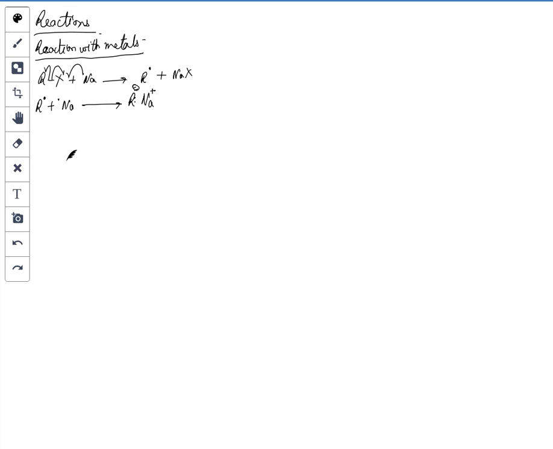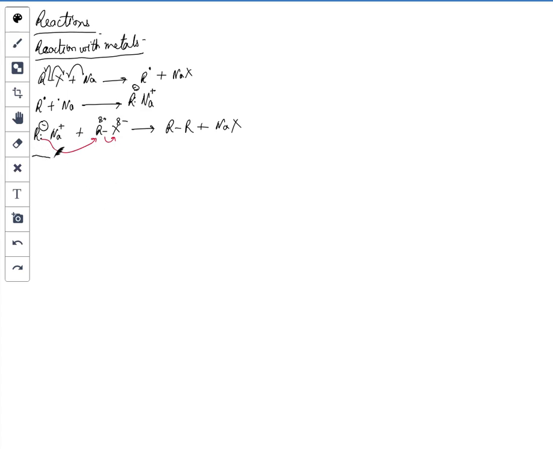Now the other positive that this R minus is going to get is going to be another molecule of alkyl halide, because this particular carbon has a positive charge and this halogen has a negative charge. Halogen is more electronegative. And that is why the electron pair of this carbon is going to attack this particular carbon, break the bond, and we are going to end up with R with an R along with NaX.